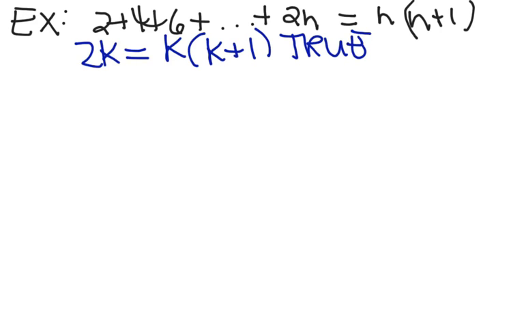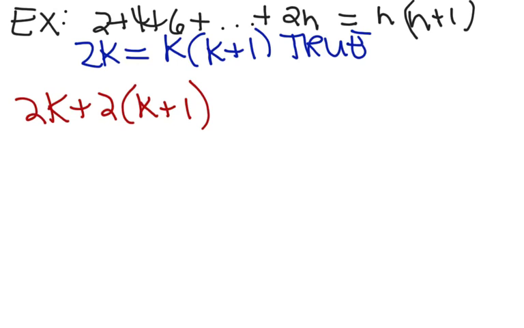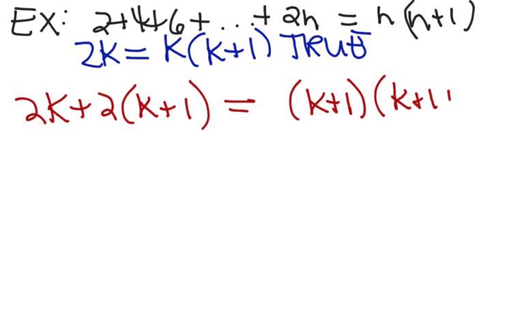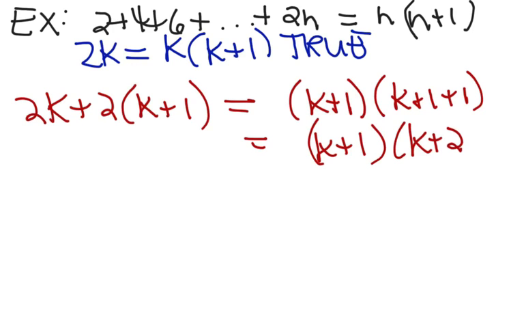In order to show that that is true, I must take the sum up to 2k and add that to the next term. And when I'm done, it better equal what I get when I replace all the n's with k plus 1's on the other side. So I want the right-hand side to equal k squared plus 3k plus 2 when I'm done.